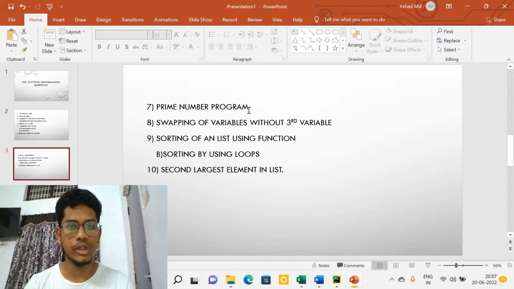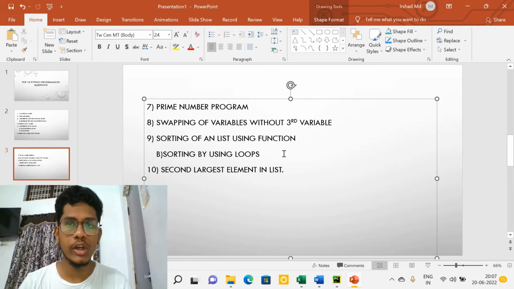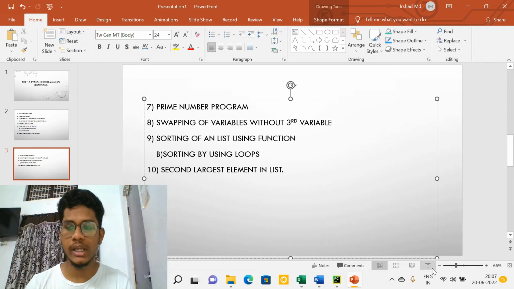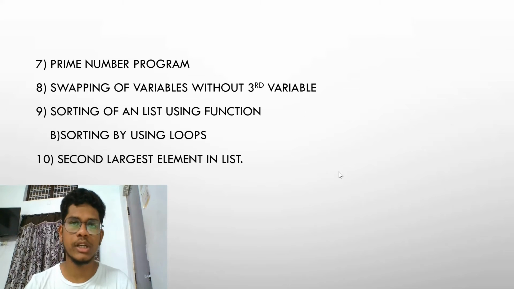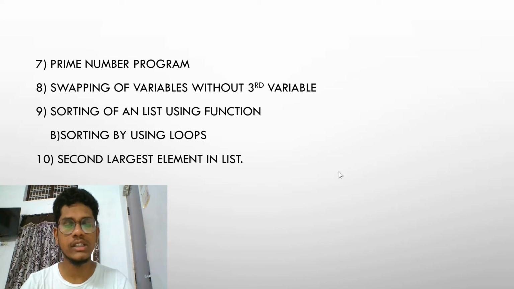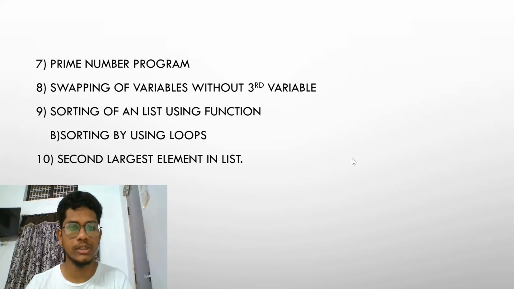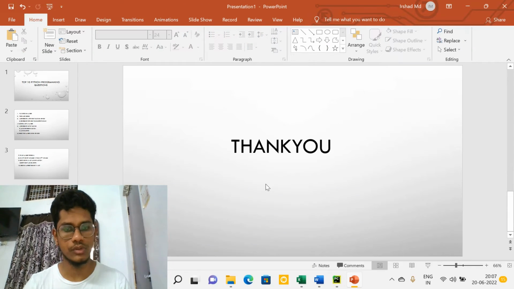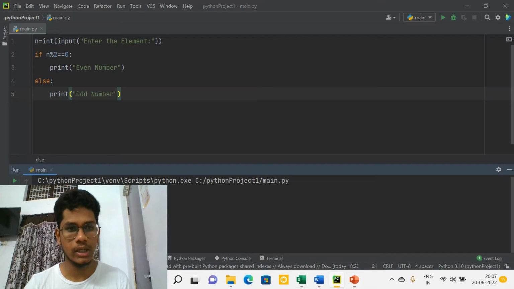Prime number program. Here also we are going to check that a prime number is only divisible by its own number and one. So we check if the given number n is divisible by a number, and we increase the count. If the count reaches 2, it is a prime number. If it is greater than 2 or less than 2, it is not a prime number. Let's move on to our PyCharm.